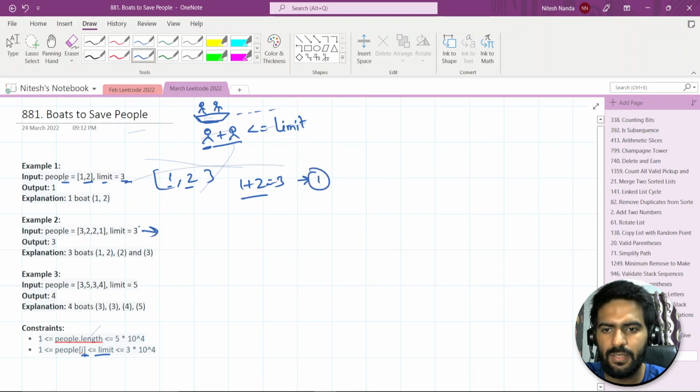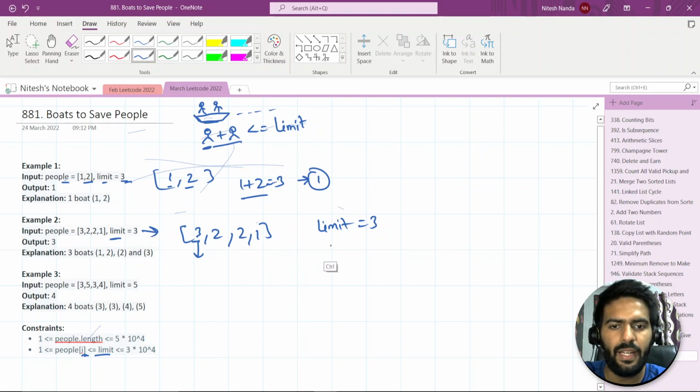Let's see this one. We have 3 2 2 1 and the limit is 3. If we take the person with weight 3, and any other person, it will be greater than our limit, so we will not take it. So the first boat is 3.